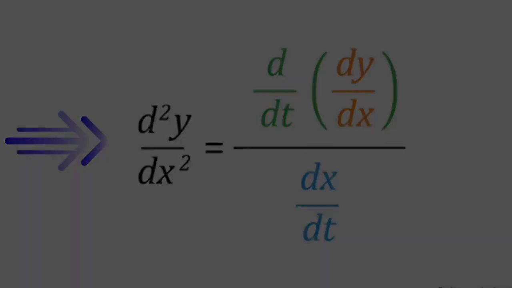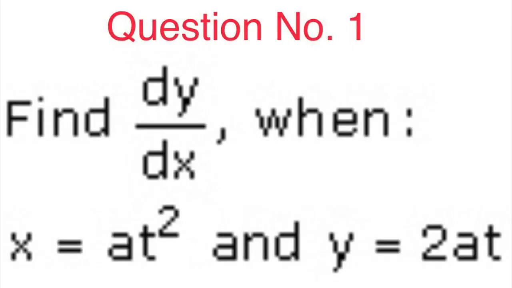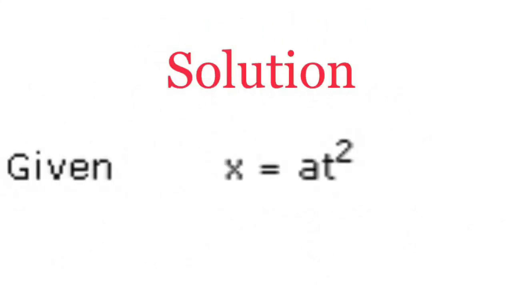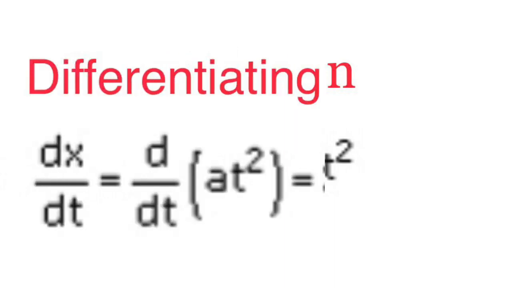So, the first question is find dy by dx when x is equal to at square and y equals 2at. Now let's see the solution of this. It is given that x is equal to a into t square. Now we are going to differentiate this with respect to t.